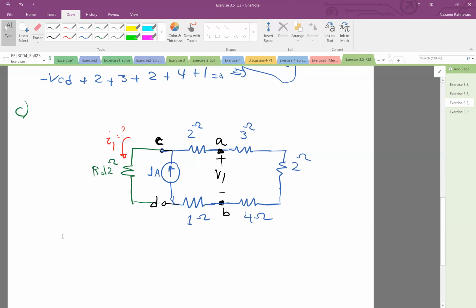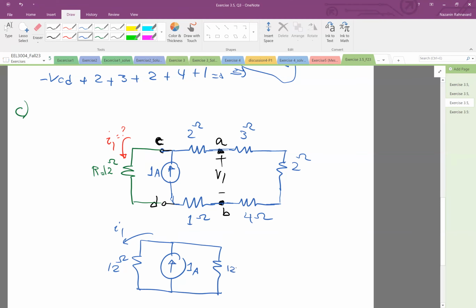I would like to do this through current division, because we have a current source. So let's do that as a practice too. So I had the 1 amp here, and on one side we have this 12 ohm. This is R1. And then the other side we have 2, 3, 5, 6, 7, 11, 12. We have another 12 ohm here.